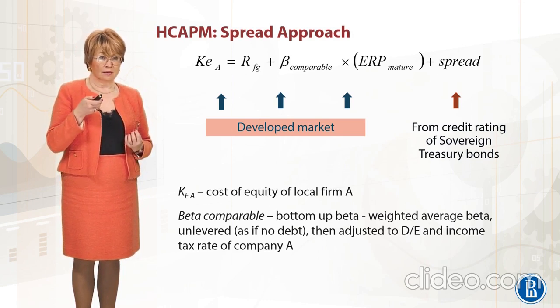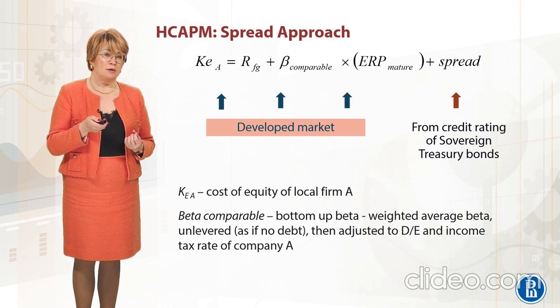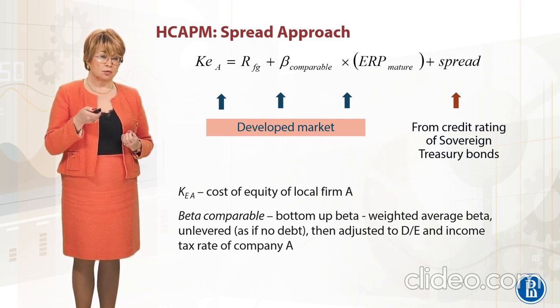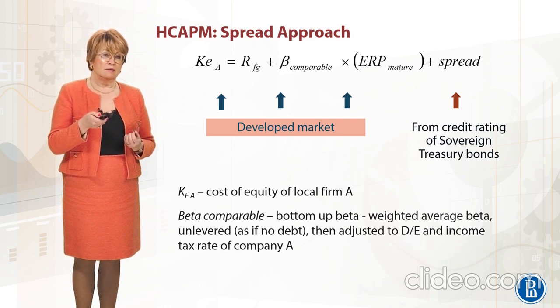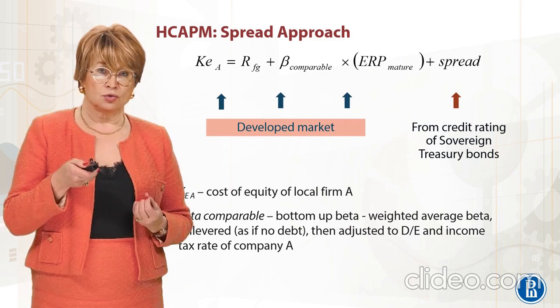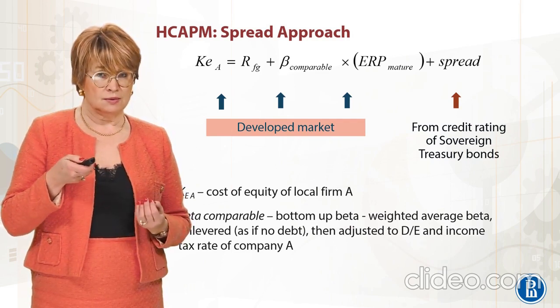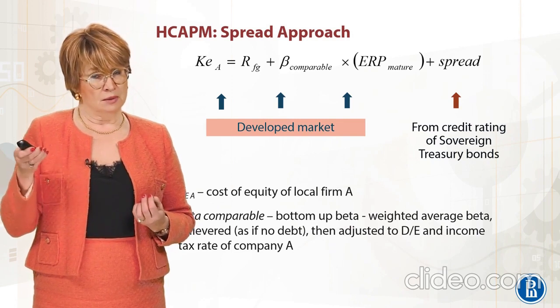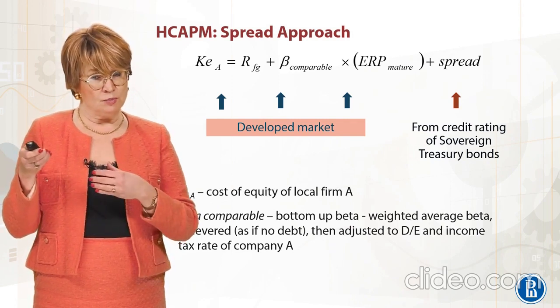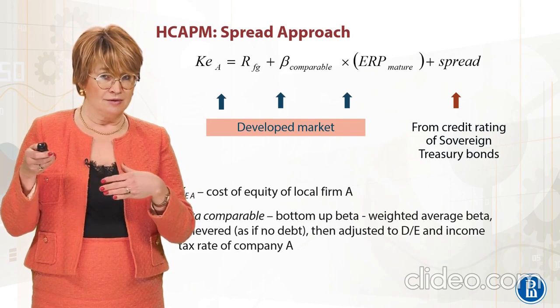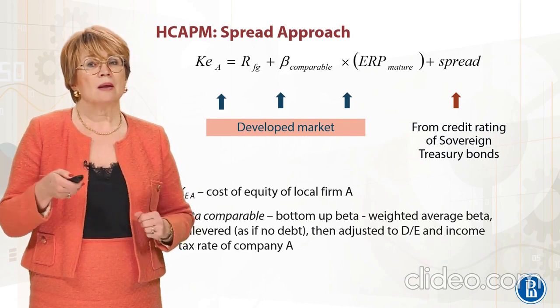So the risk-free rate on the right-hand side of the equation should be derived from the actual data from the benchmark market, and it should be the current rate, which is observable now at the moment of the analysis. But the spread should be the average spread derived from the rating history.